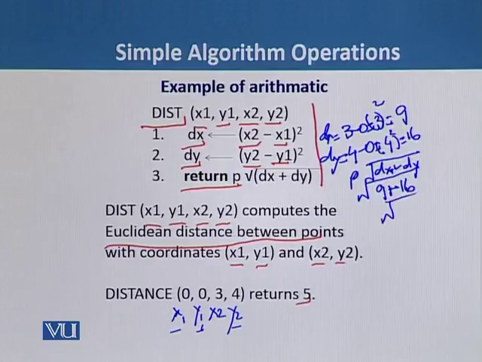The value of the sum turns out to be 25, and the square root of 25 is equal to 5. So we get this value of 5. So we can solve any problem by using this algorithm to find the distance between two coordinates.